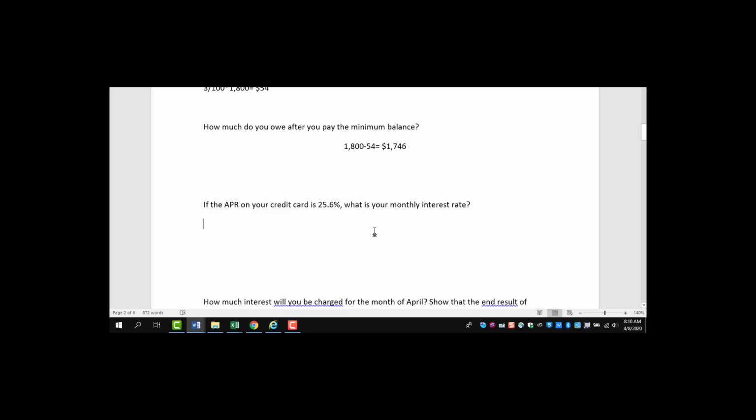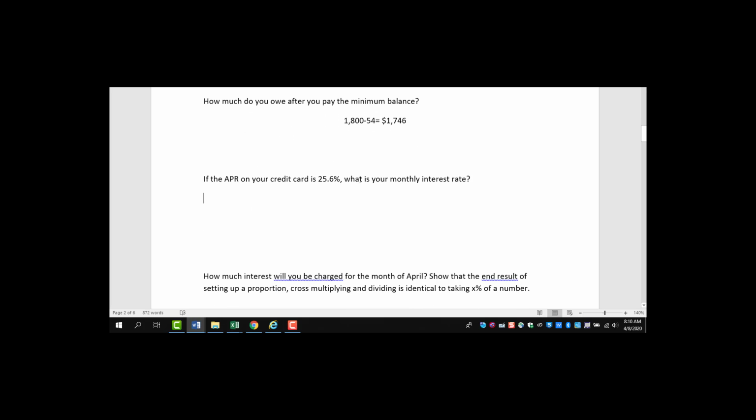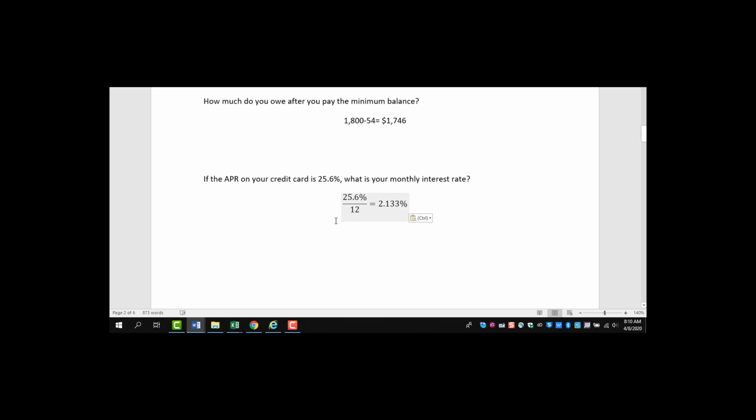So the first thing we need to do is find out what the monthly interest rate is. The credit card tells you the APR, which is the annual percentage rate, is 25.6%. But they don't tell you what the monthly rate is. So we're going to have to take this annual rate and divide it by 12. I think I can just copy and paste it, and there we go. We get a percentage for the interest rate.